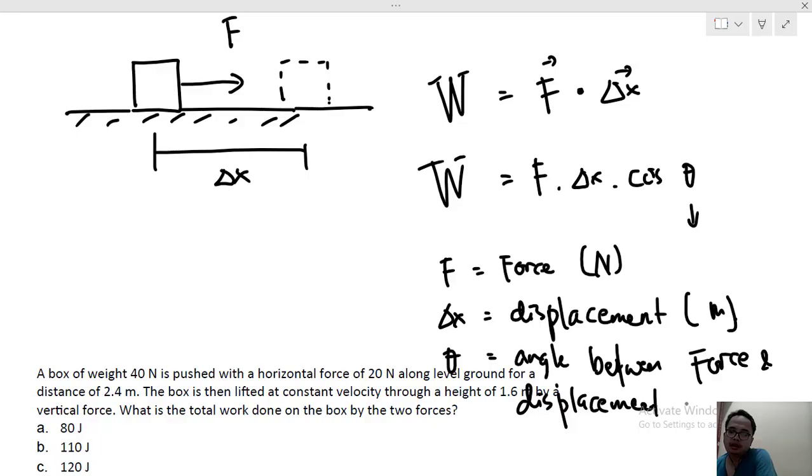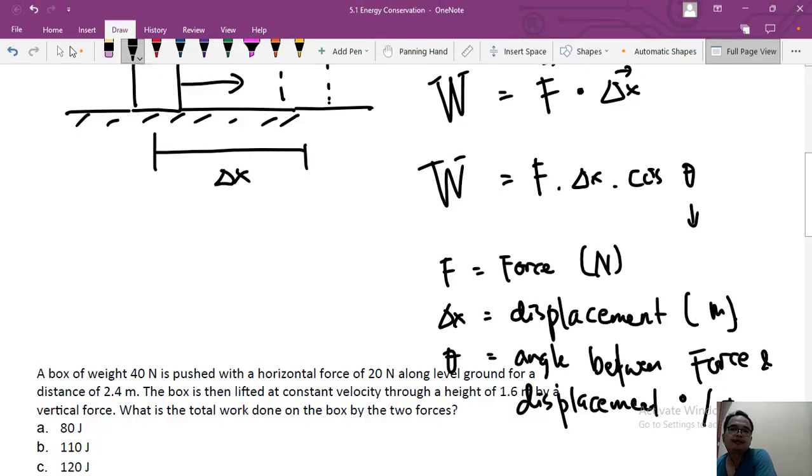Sometimes in radian or in degree, sometimes in pi radian.